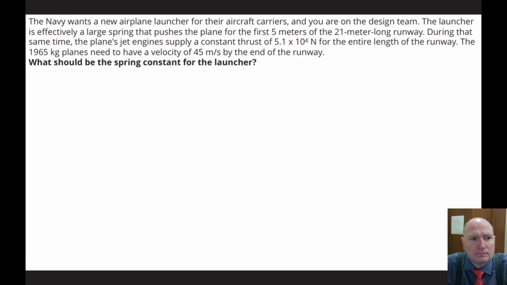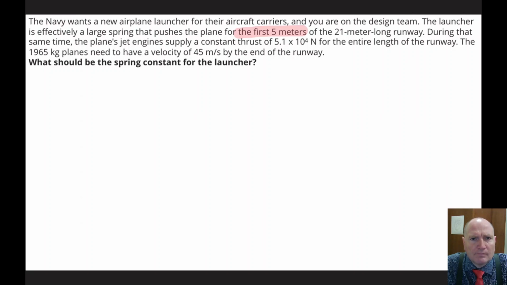Let me get my colors set up here. So let's take a few things here. The first 5 meters. Oh, cool. That's pretty cool. Journey is a spring. So we're imagining on this aircraft carrier problem, there's a huge spring launcher to launch these airplanes off of the runway, which is essentially what it is.